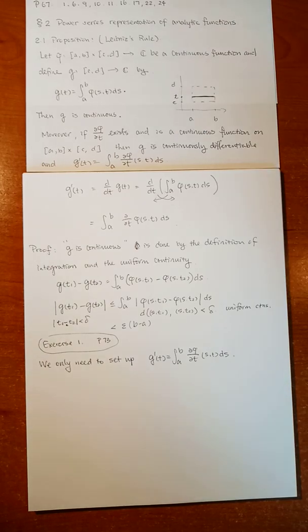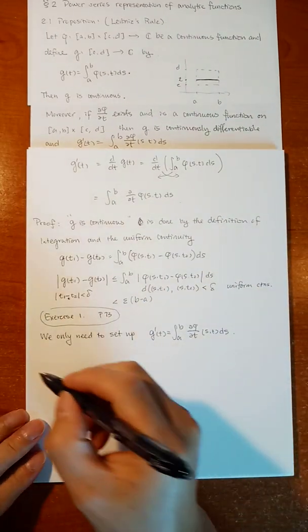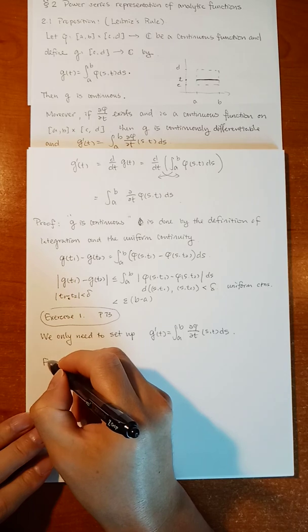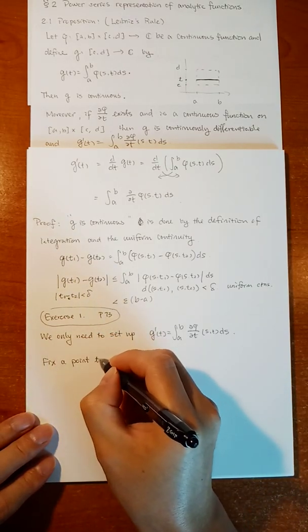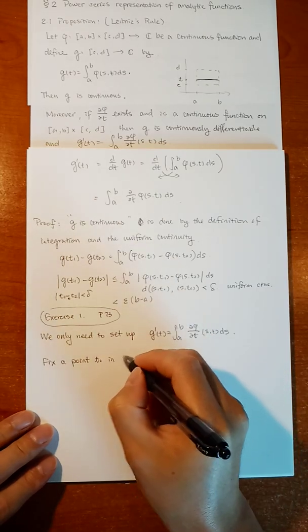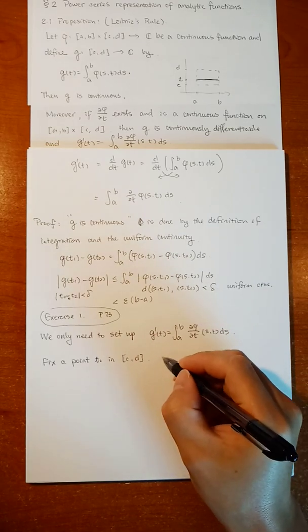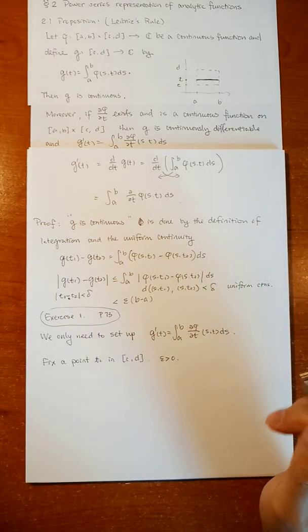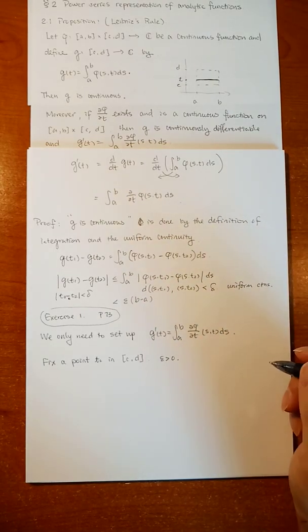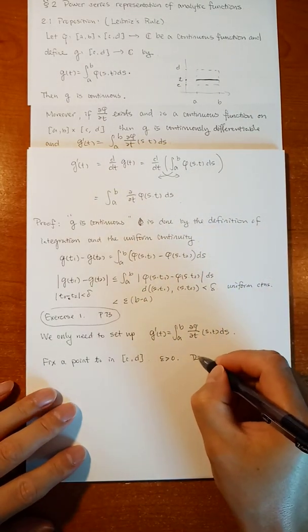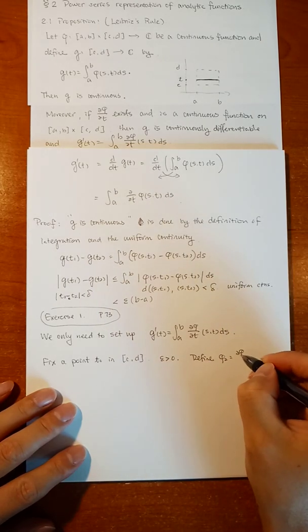Okay, let's see how we prove it. Fix a point t0 in this [c,d], and fix epsilon greater than 0, whatever epsilon. To simplify the notation, the author of the textbook defines phi 2 to be partial phi partial t.